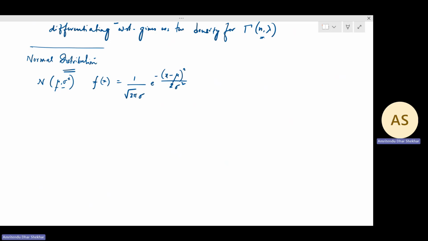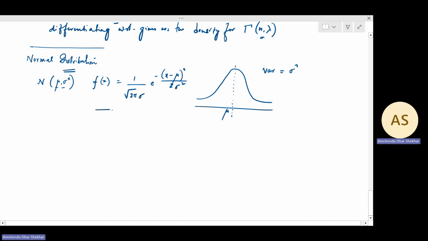This is the ubiquitous distribution most of us have seen. The density looks like a bell-shaped curve centered at the mean mu, and the variance is sigma squared.